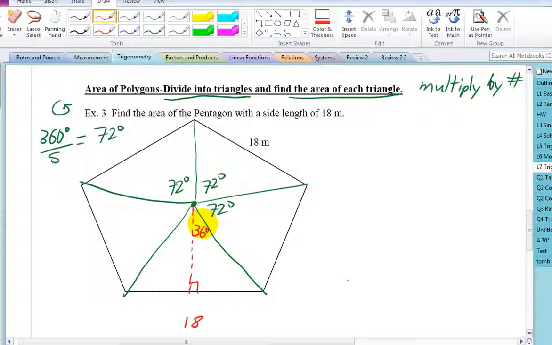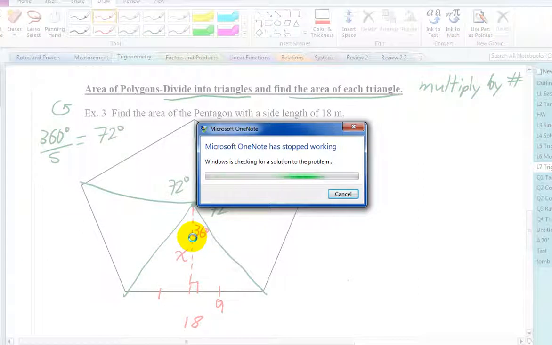Okay, now we're really close. But what happens to the bottom of the base? Yeah, it divides into two equal pieces, so this is going to be 9. So what we can do now is find x, the height of the triangle, by using trig ratio. So now you want to find x. Go ahead.